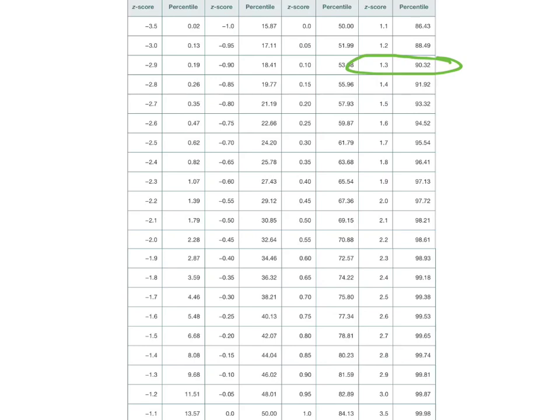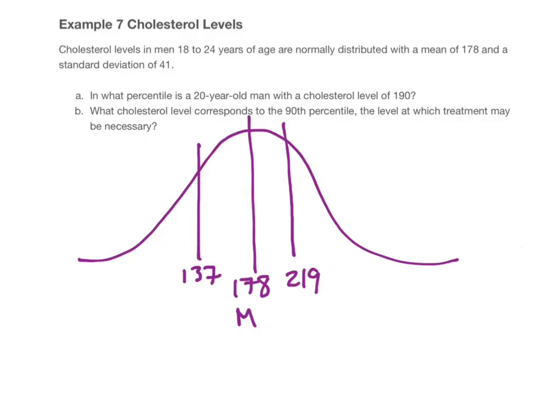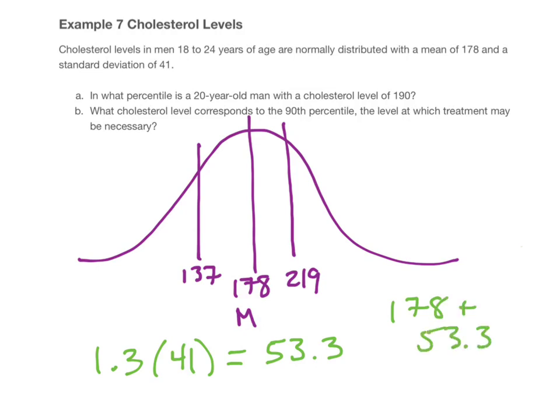That z-score means that whatever cholesterol level that corresponds to is 1.3 standard deviations above the mean. So 1.3 times the standard deviation of 41 is 53.3. We would start with 178, the mean, and then add 53.3, or even just 53, and that's about 231.